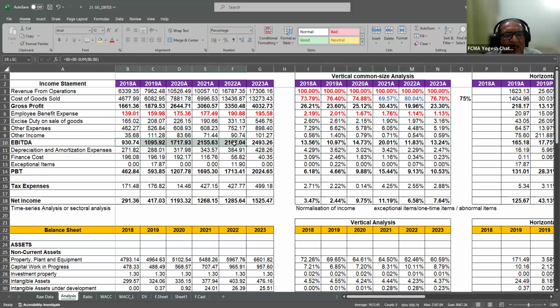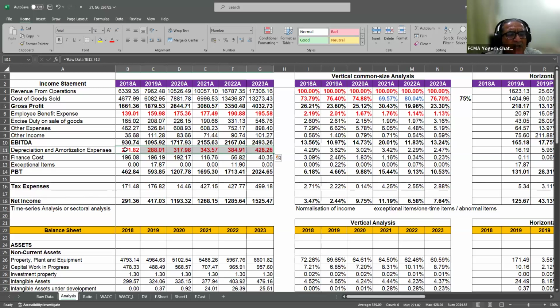Then we have the EBITDA margin, earnings before interest, tax, depreciation and amortization. Depreciation, as you can see in absolute terms, is going up from 272 crore to around 428 crore. But in percentage terms, it is getting reduced.